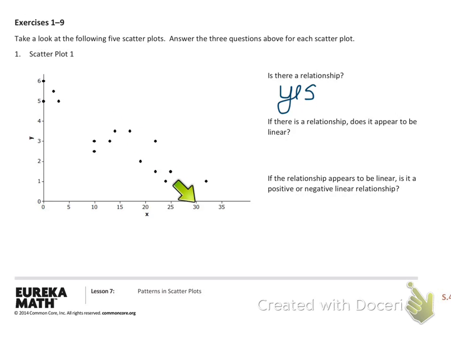We could picture ourselves just coming straight down through this group of points in a line. So the answer to the second question is yes. Now I can answer the third one. If the relationship appears to be linear, is it a positive or negative linear relationship? We can see this would be a negative slope if we drew a line through it. So this would be a negative linear relationship.